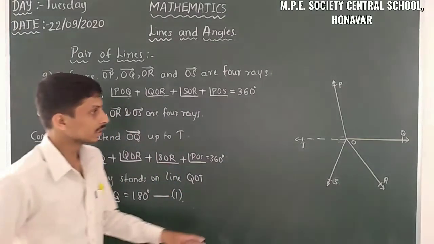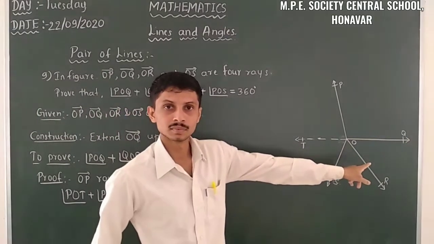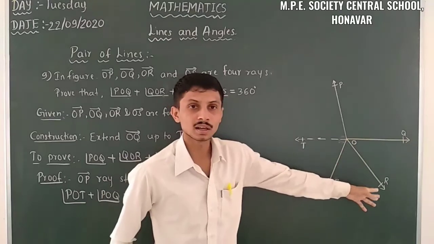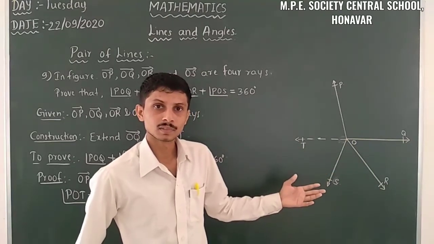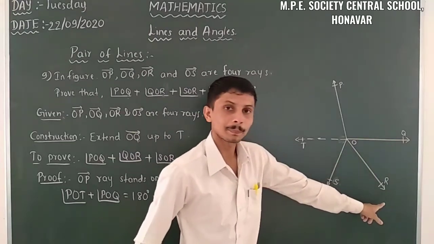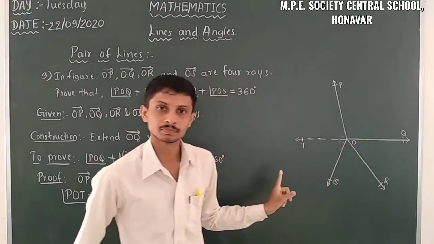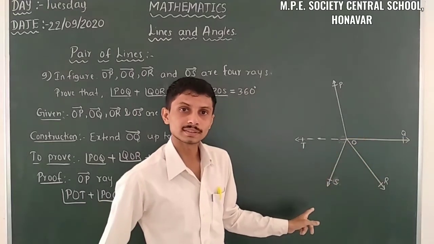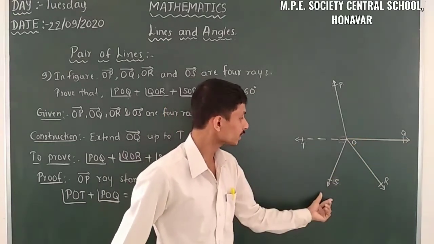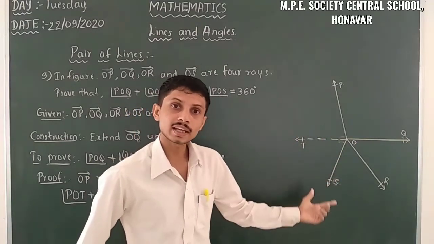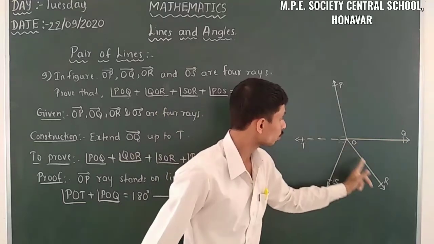Then let us take another ray, OR. So when we take OR, here we get ROT. But just observe, here QOR is part of this QOS. That means when we take the ray OS standing on this QOT, we can easily get QOR also.